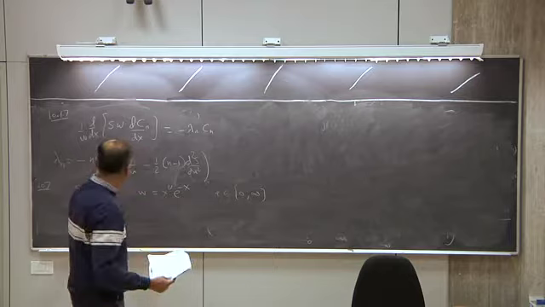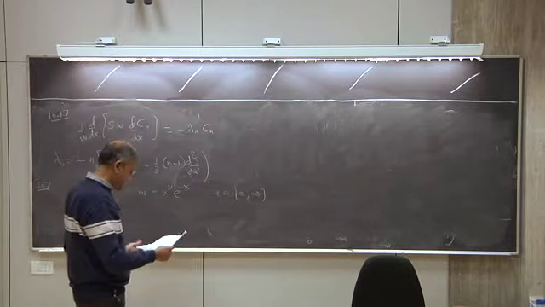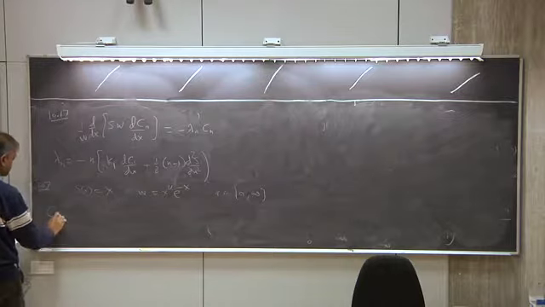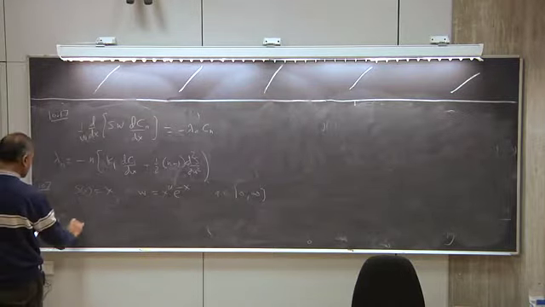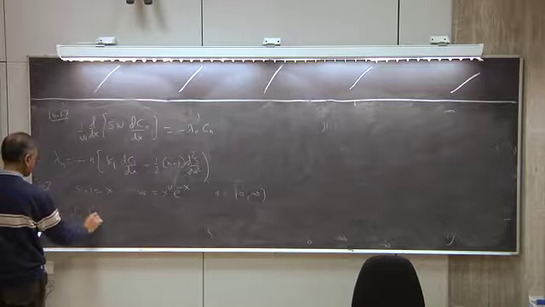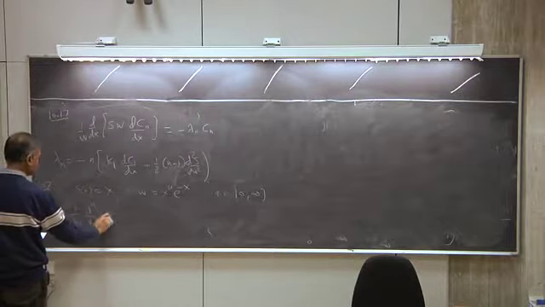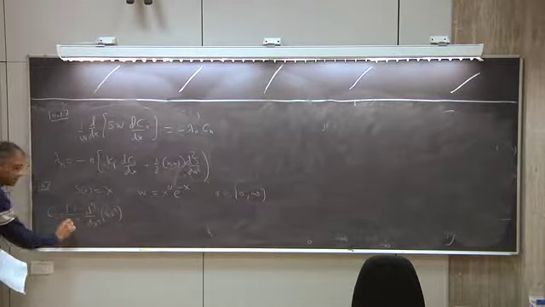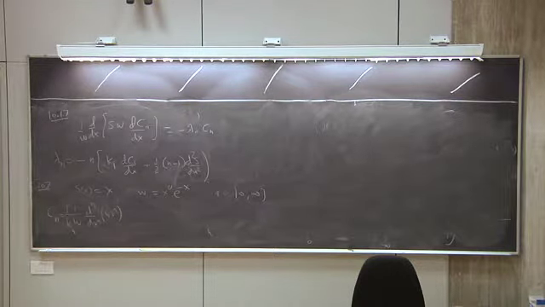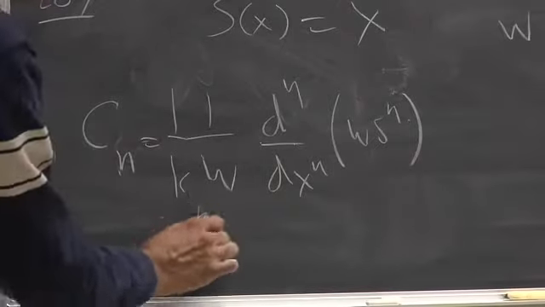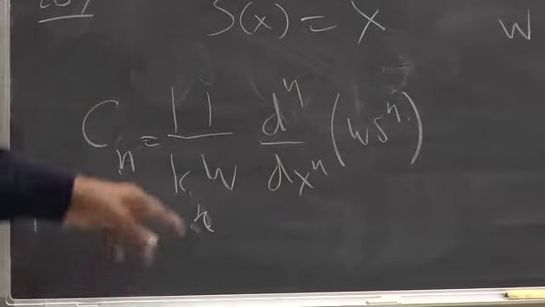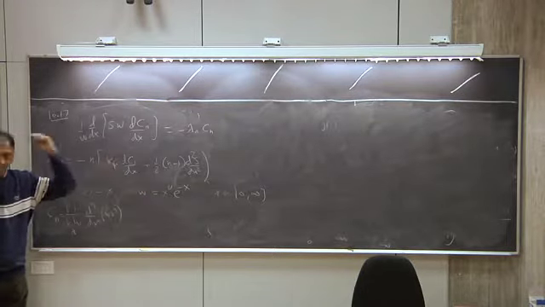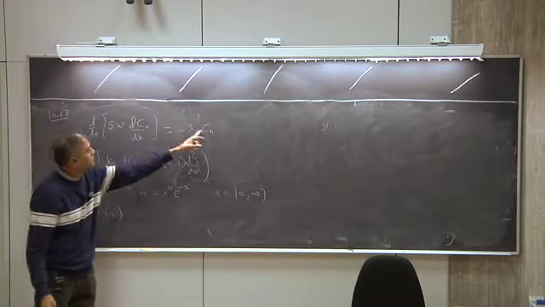It doesn't matter, this capital K, because if I define Cn in general, it was 1 over w, dn by dx n of w s to the n, with some kn normalization constant. As I mentioned before, this freedom should not enter here, because after all both sides involve Cn only.